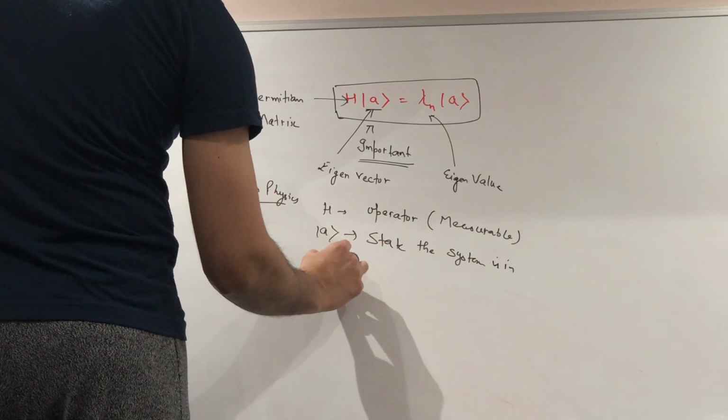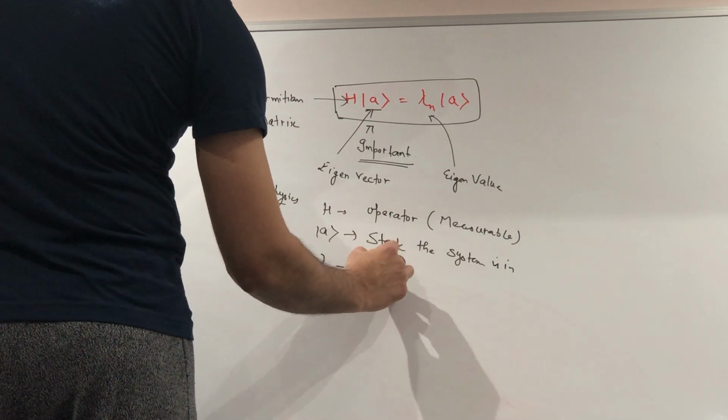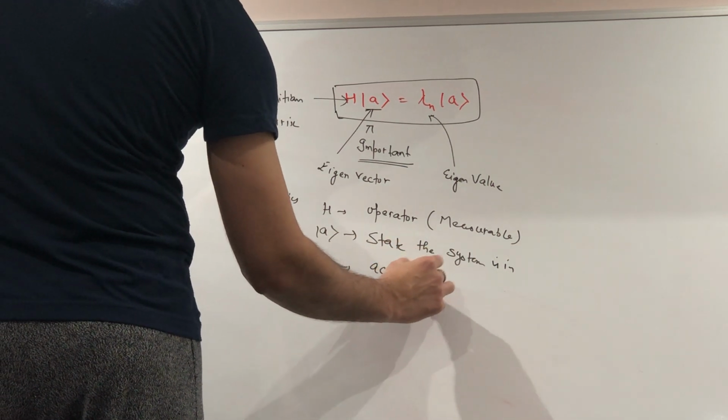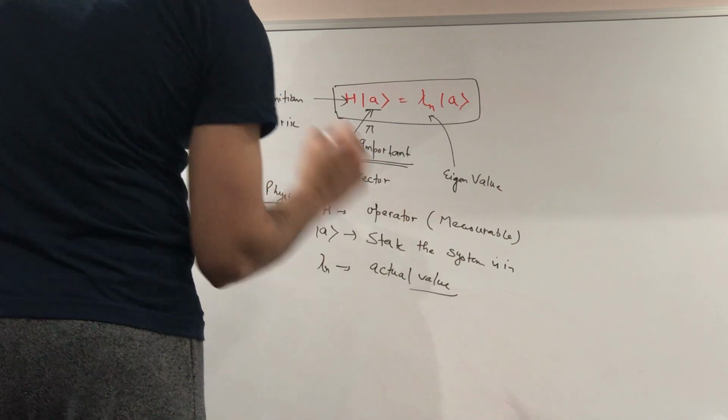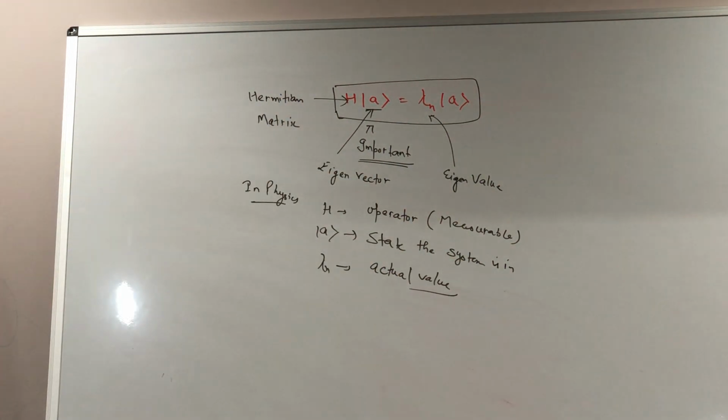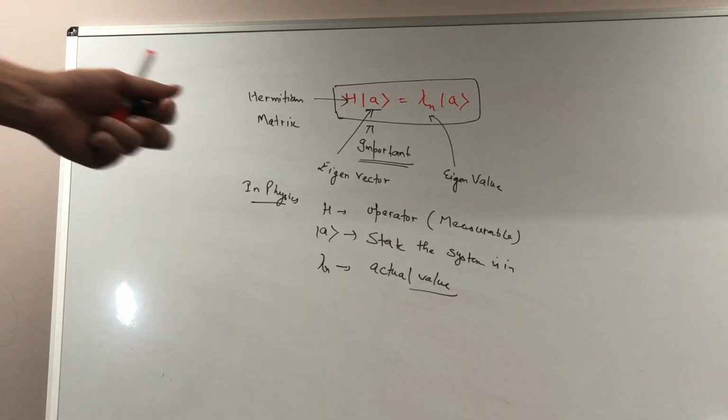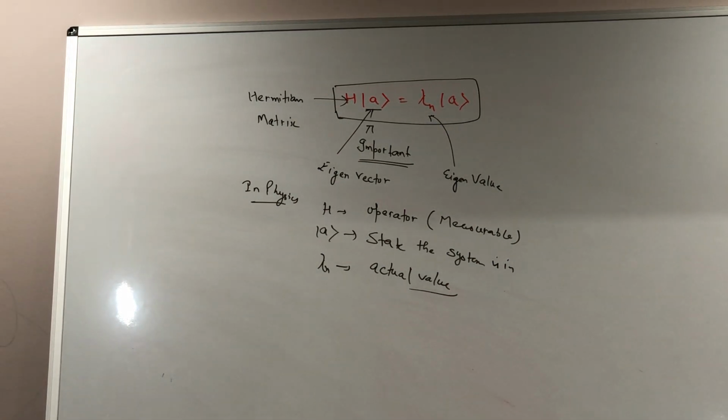And this lambda represents the actual, or observed, value of the physical quantity. That is the physical significance of this equation.